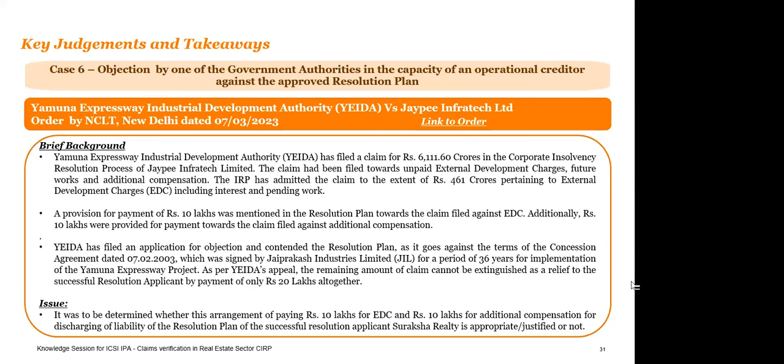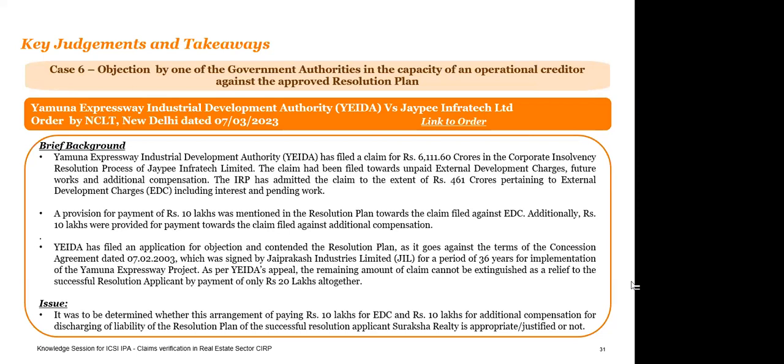So, just the background is that EIDA filed a claim of around 6,000 crores in the CIRP of JP Infra, out of which their claim for 461 crores pertaining to external development charges was admitted. Rest of the claims were on grounds of future works, and some on grounds of additional compensation.